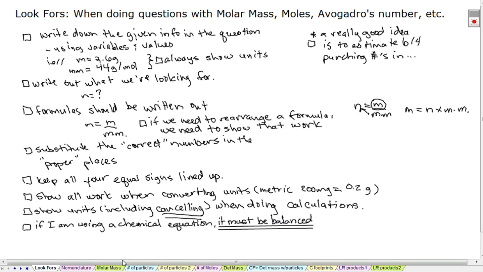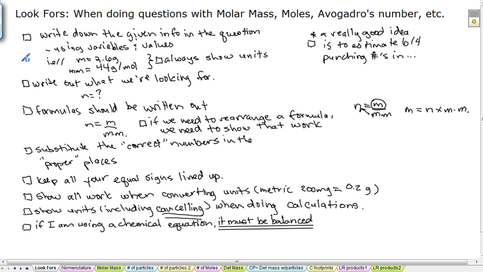So as you go to do any stoichiometry questions, my class and I co-constructed a bunch of things that we thought was really important to make sure we do whenever approaching a question like this.